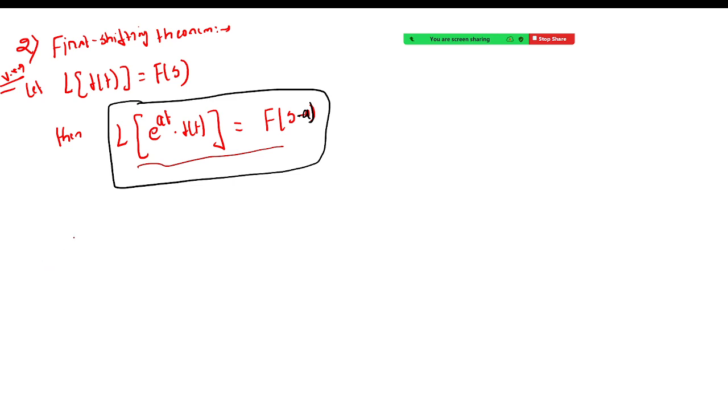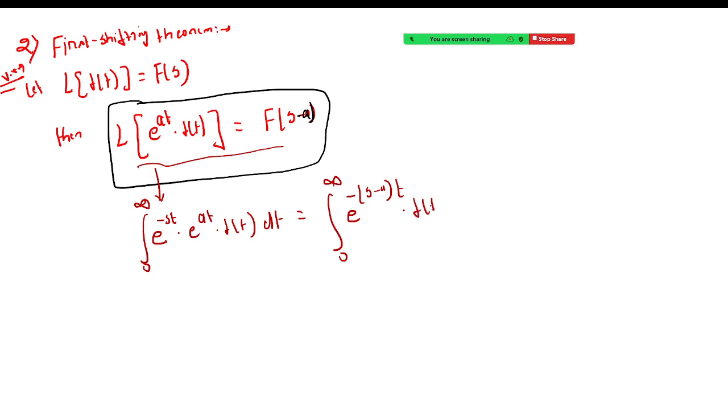So if I want to calculate over here, I can write this one as integral 0 to infinity e to the power minus st into e to the power at f(t) dt. So directly I can write integral 0 to infinity e to the power minus (s minus a)t into f(t) dt, right? Now, let me assume r is equal to s minus a, right? r is equal to s minus a.